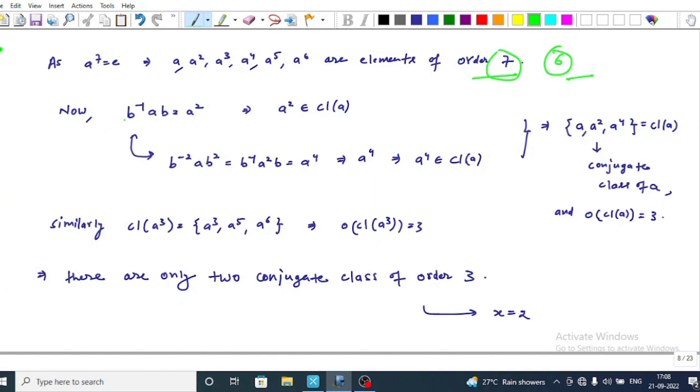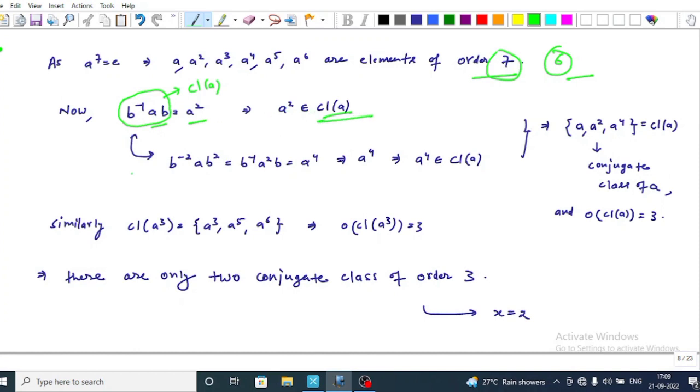Now using the generating relation B inverse A B equals A square, from the definition of conjugacy class, this implies that A square belongs to the conjugacy class of A.